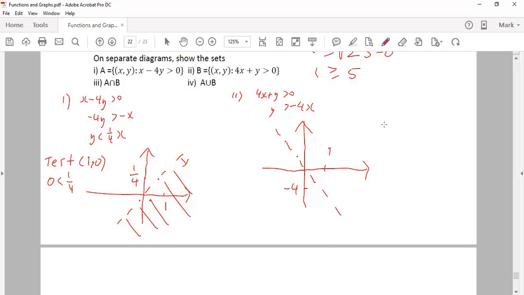So let's test the same point, 1, 0. Subbing the point, 0 is greater than negative 4. So we know that's true. So just do a little arrow there. We're going to shade everything on that side of the line.